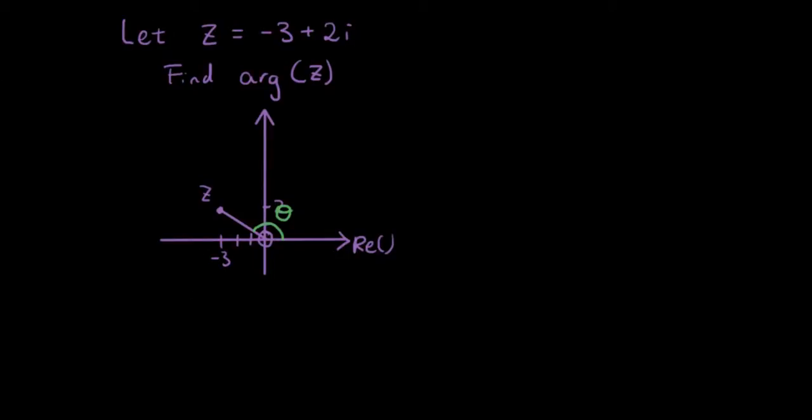Because our right-angled triangle is over here, and using inverse tan, we have the opposite and the adjacent, and let's call this theta 2.